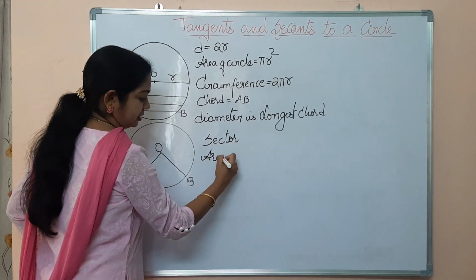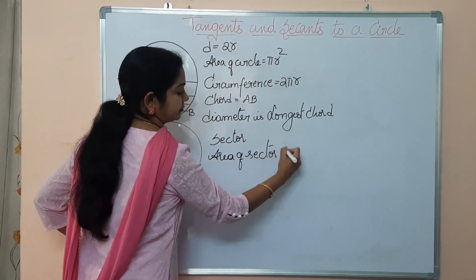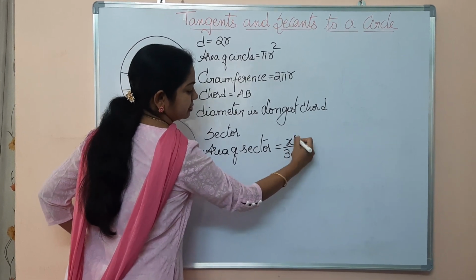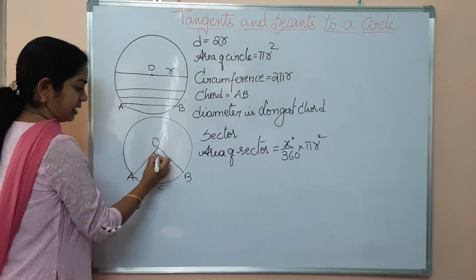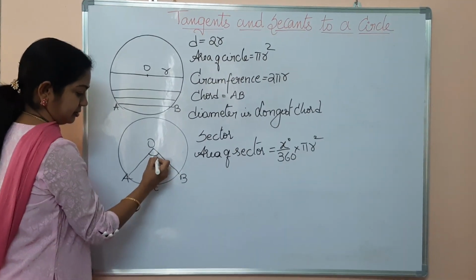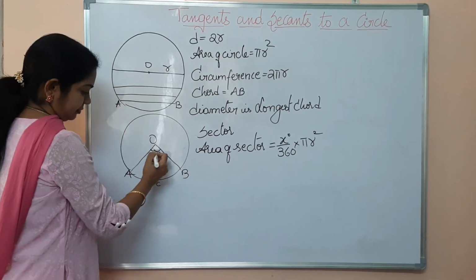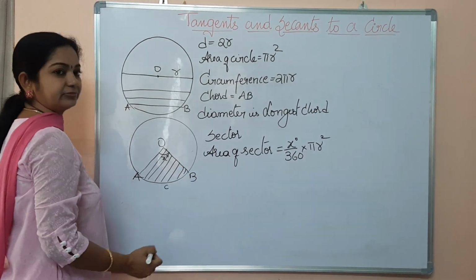Then what is the area of sector? X degrees by 360 degrees into pi r square. X degrees is the angle subtended by the arc at the center. Now, I'll shade this part, sector.